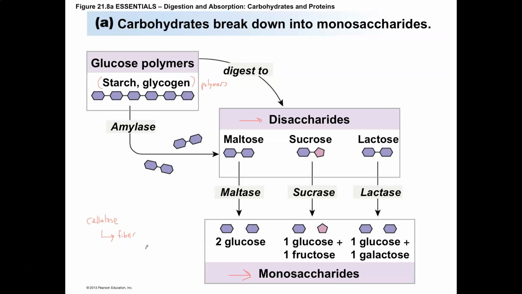In the oral cavity, we produce salivary amylase. Salivary amylase is part of our saliva that comes from our salivary glands. It's going to start the process of breaking down starches and glycogen into smaller structures, so essentially breaking it down into disaccharides.